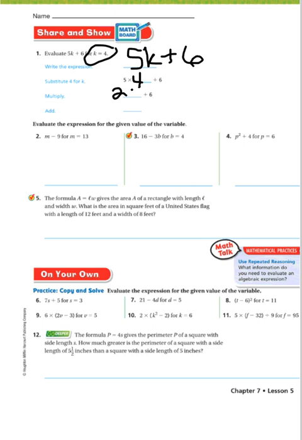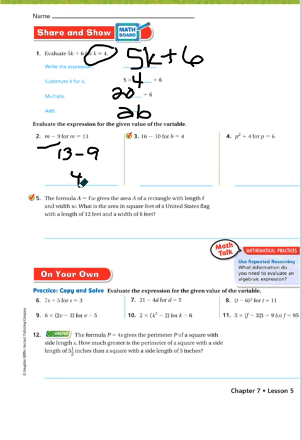The formula A equals length times width gives the area A of a rectangle with length L and width W. What is the area in square feet of a United States flag with a length of 12 and a width of 8? So we're going to bring down A equals length times width.